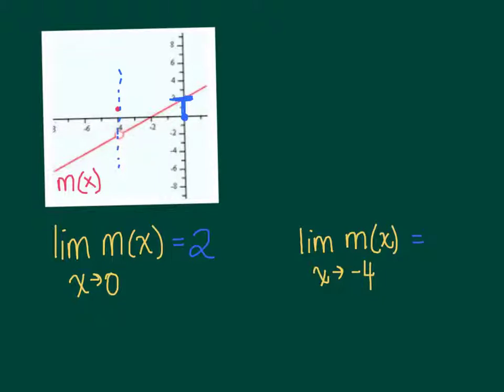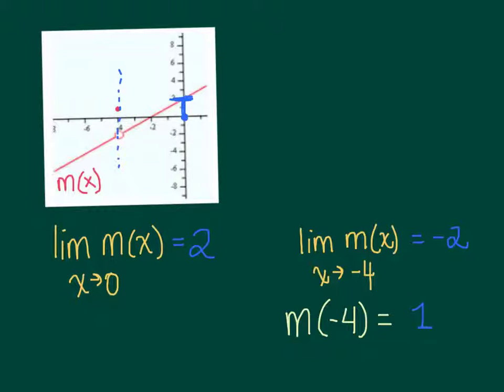That makes the limit equal to negative 2. However, if I had asked you for the value of the function at negative 4, you would have had to say positive 1, because the filled-in circle, which is actually part of the function, is up here at positive 1.